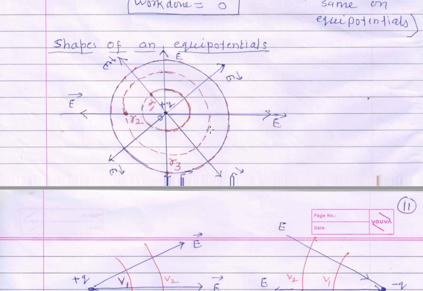Then at every point with a distance r1, on this side, on that side, inside, outside, everywhere at a distance r1, the potential will be equal to V1. That is the formula 1 upon 4 pi epsilon 0 q upon r1. So that will be the same.